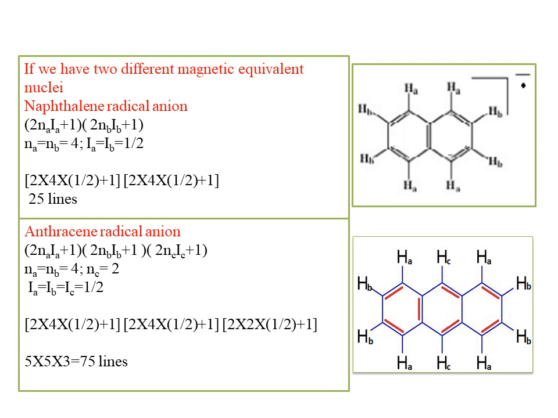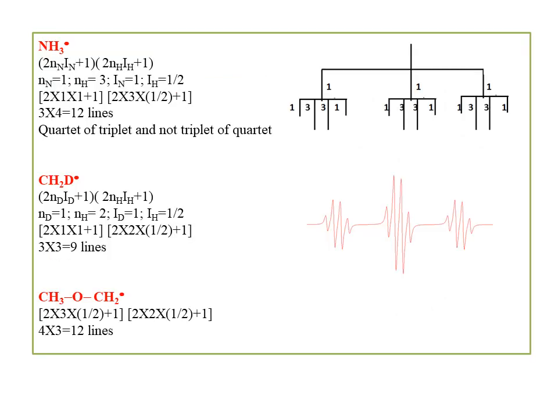So, as per this formula, there are 4 alpha protons and 4 beta protons. Therefore, 25 lines appear in the ESR spectrum of the naphthalene radical anion. In the anthracene radical anion, the protons are in 3 different environments. So, as per the formula shown in this slide, 75 lines appear in the signal.